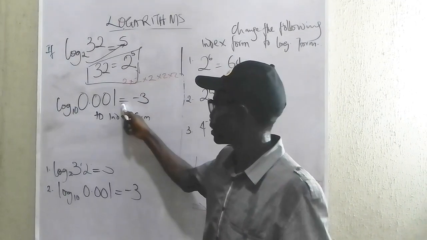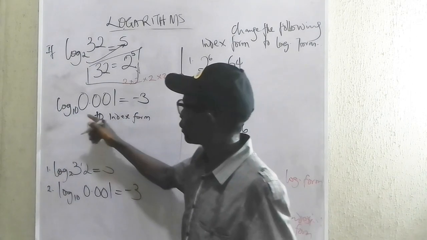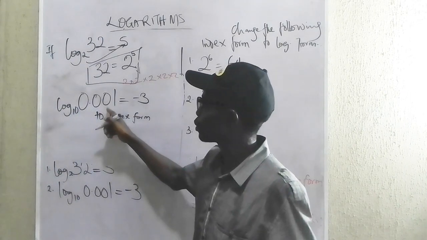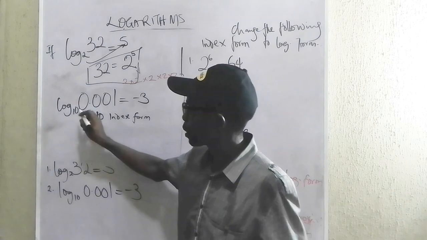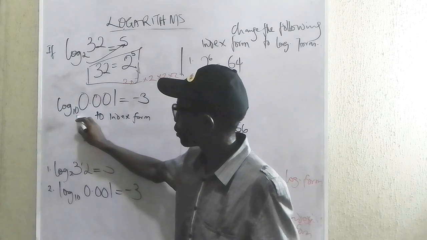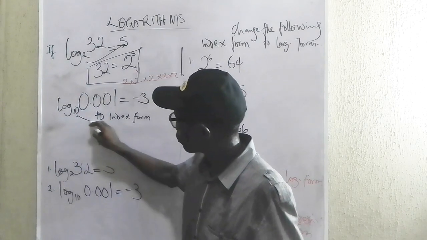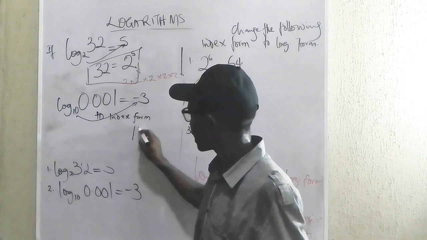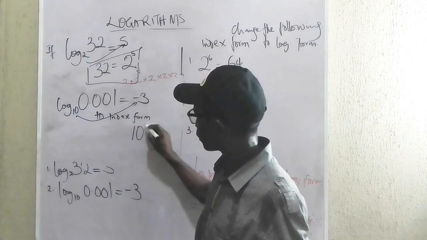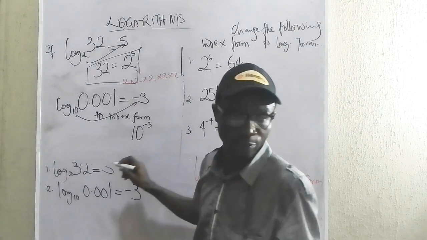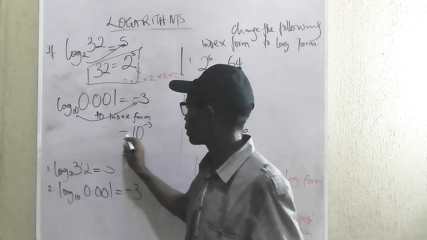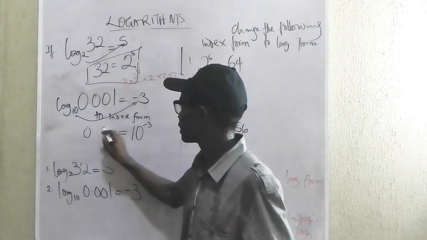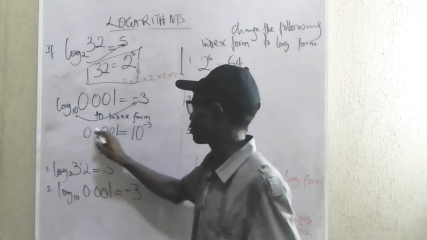So the log of 0.001 to a particular base is the number of times this base will be raised. So it's going to be 10 raised to give what? To give 0.001. So this is just the answer.